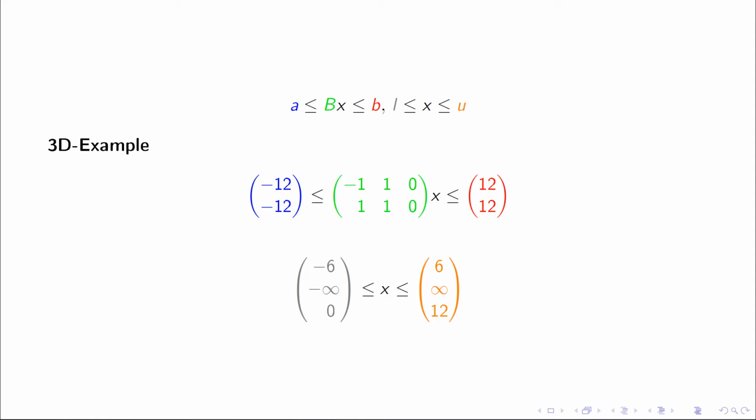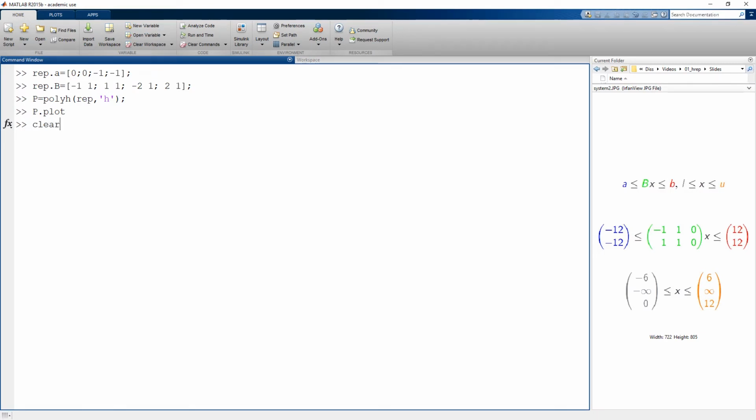Since the variable bounding vectors have 3 entries, this here is a 3-dimensional example. Now the first thing we want to do is to clear the rep data structure, since we deal with a new polyhedron now. And now we start setting the fields of the new data structure as -12, -12. The matrix B is now -1, 1, 0, 1, 1, 0.